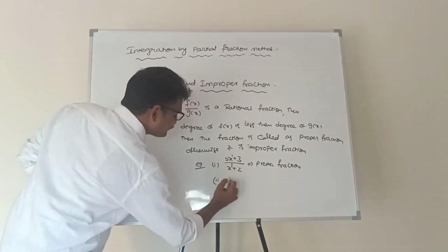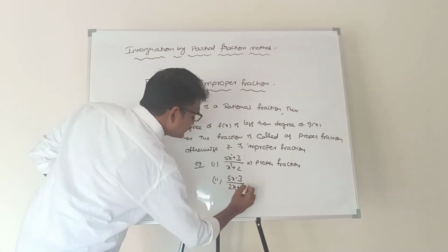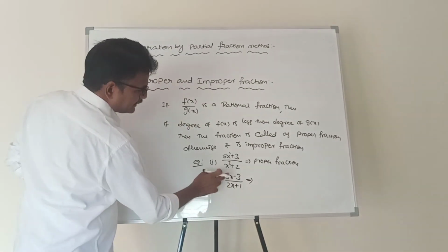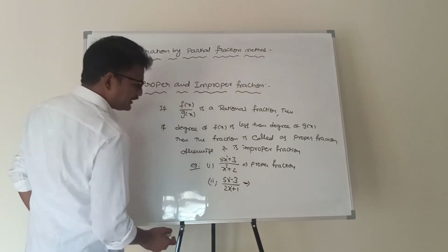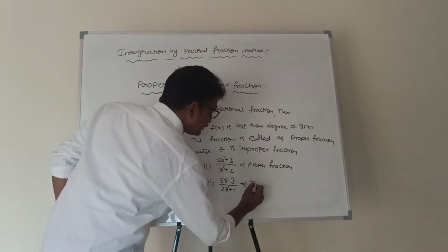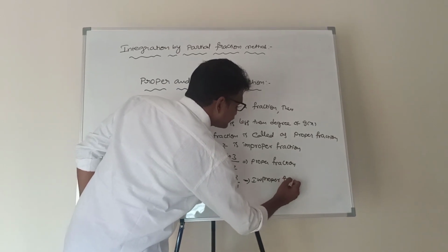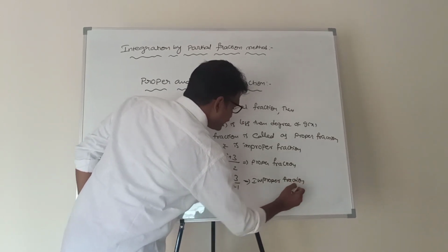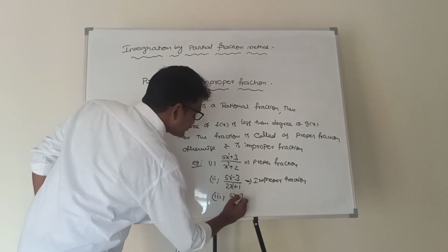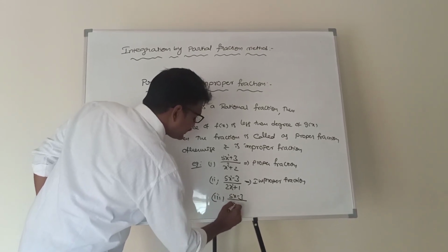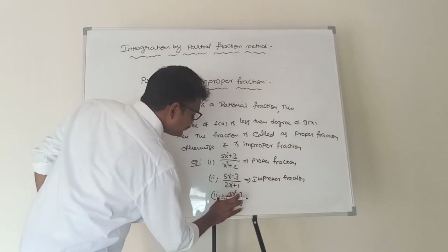Suppose you take 5x minus 3 by 2x plus 1. Here the degree of the numerator is equal to the degree of the denominator, so it is called an improper fraction. Third one, 5x square minus 3 by 2x plus 3.